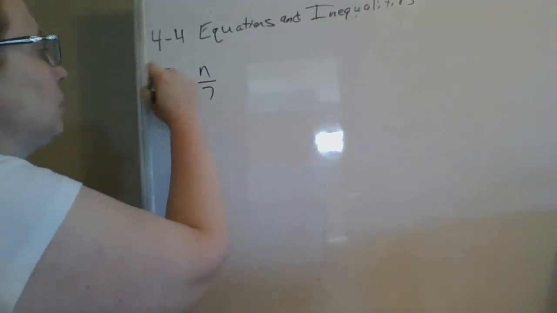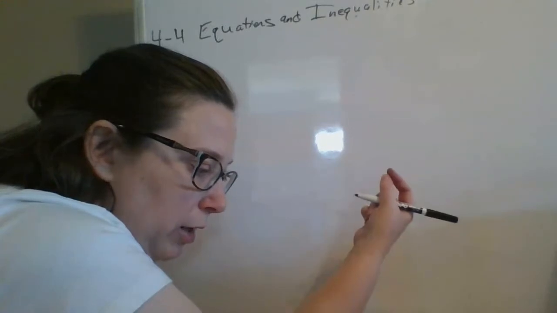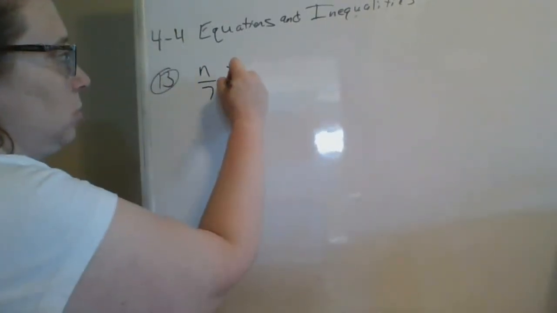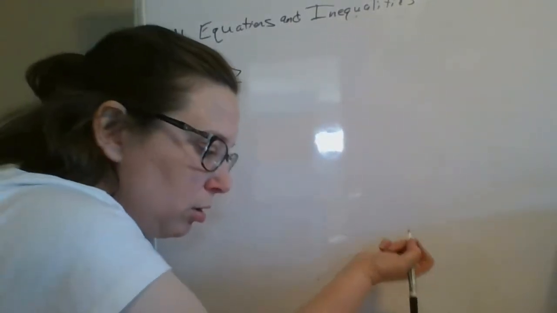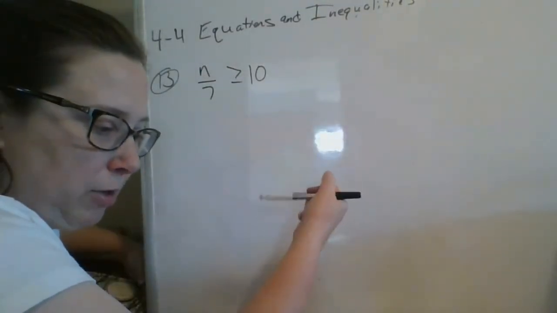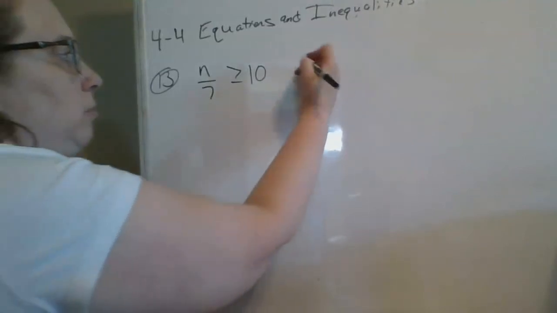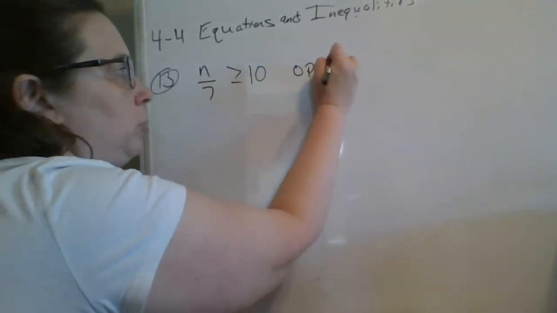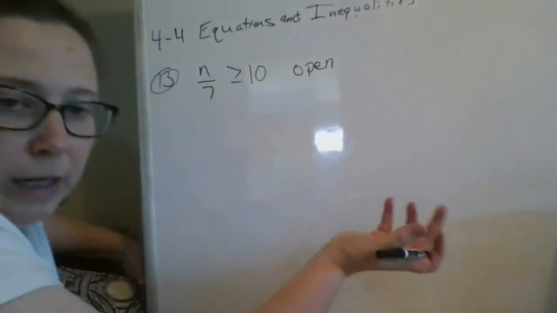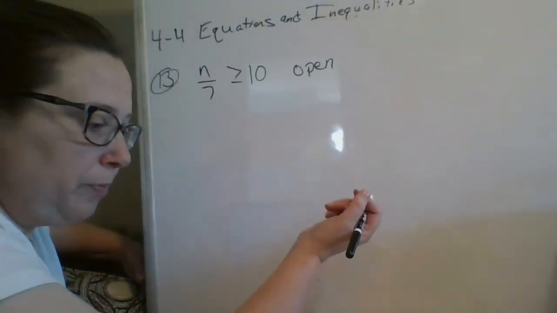The quotient of a number divided by 7 is greater than or equal to 10. So we have n divided by 7 is greater than or equal to 10. This is open because we do have a variable in there, so we can't figure out if this is true or false because we don't know what n equals.